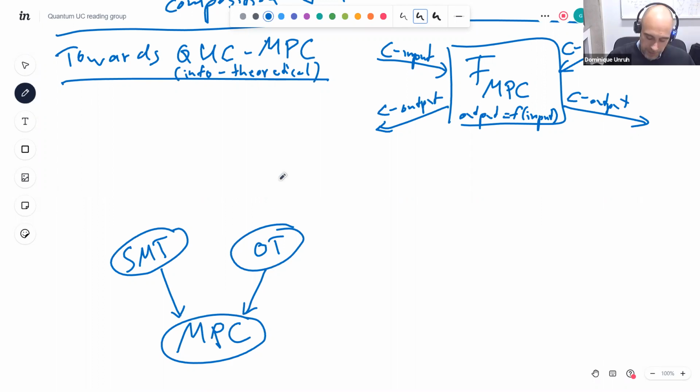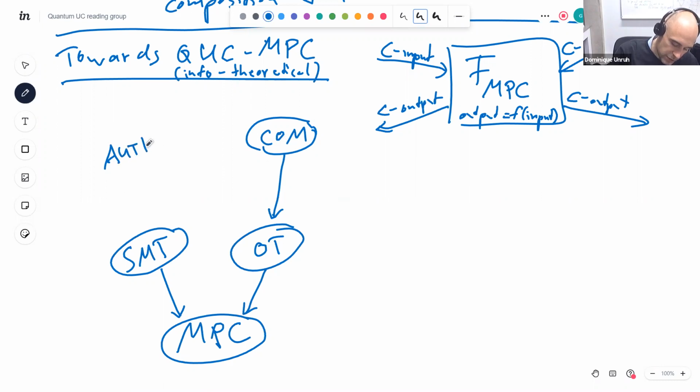But in the quantum UC model, we can add some more arrows. We can say, well, oblivious transfer, instead of taking it as a black box, we use commitment as a building block and try to implement the OT functionality using commitments. And similarly, I will come to that in more detail, the secure message transmission or secure channel, we take an authenticated channel and implement from this secure message transmission.